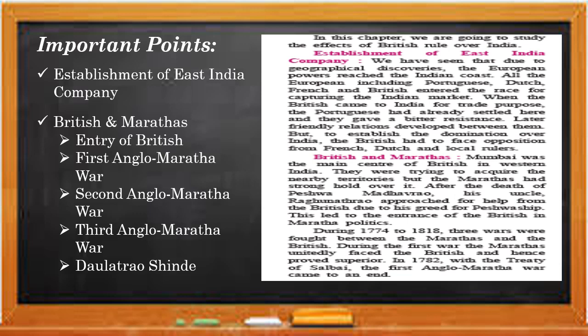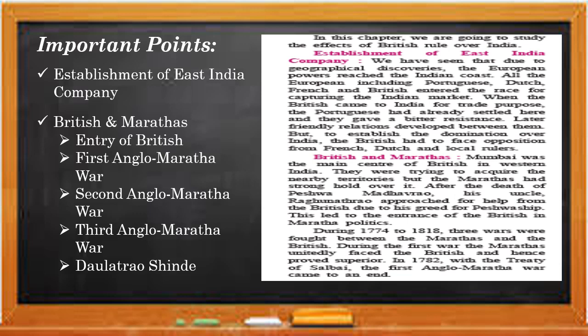Marathas had a strong hold on the areas in and around Mumbai, which was the prime center of the British in Western India. The Britishers tried to acquire nearby territories, but Marathas had a strong check on their expansion.